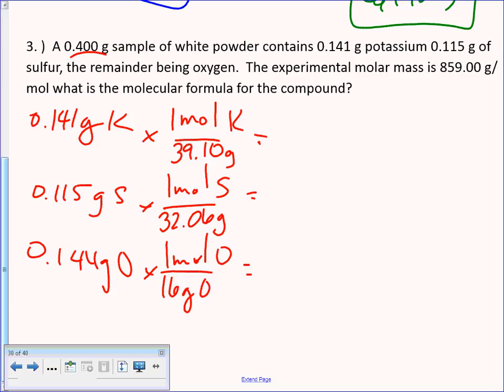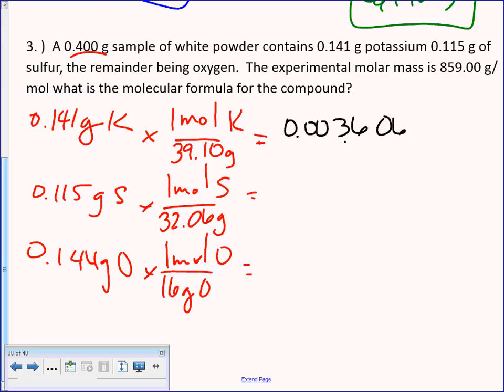Everybody's calculating with me. Jamie, tell me the first moles. Gia, tell me the next moles. And Ben, tell me the next moles. Jamie? Say it again. 0.613.